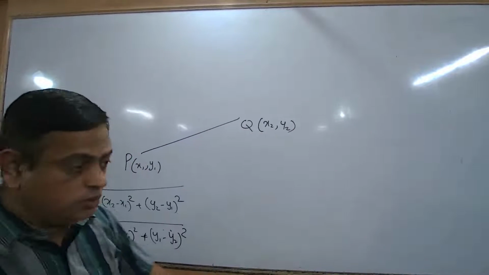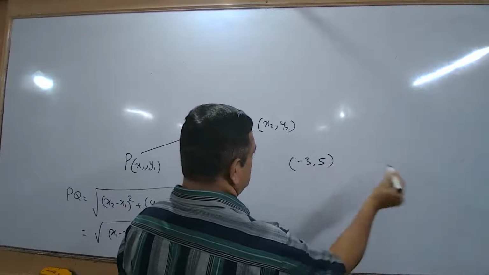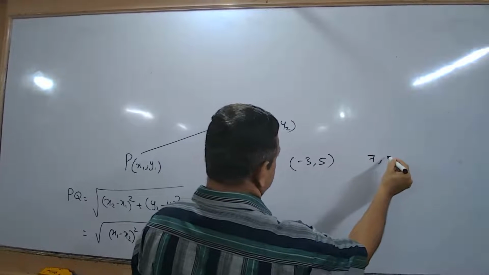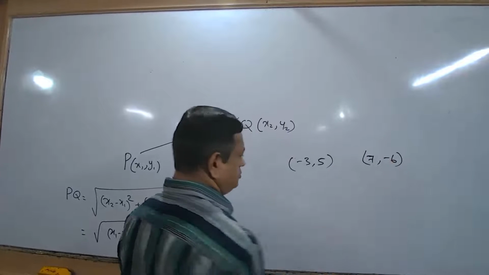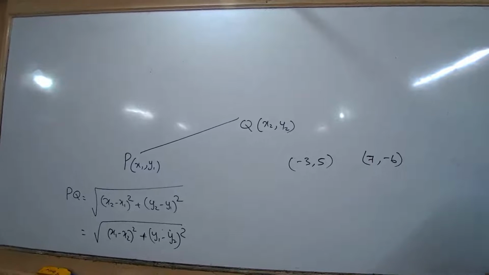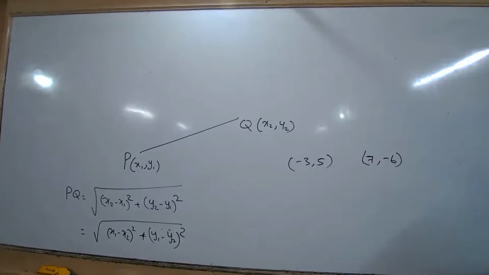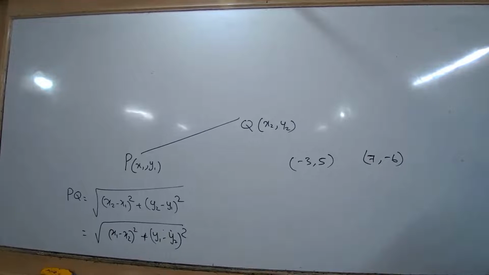Find one example also, right. Find the distance between minus 3, 5 and 7, minus 6. Find out. What's the answer?